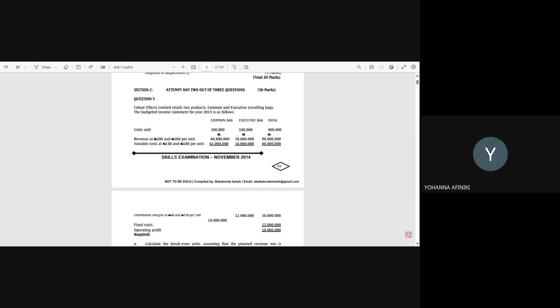Then whatever we get will now be what we divide. The total revenue is 90 million. Variable is 60 million. Okay. Anybody wants to try again?